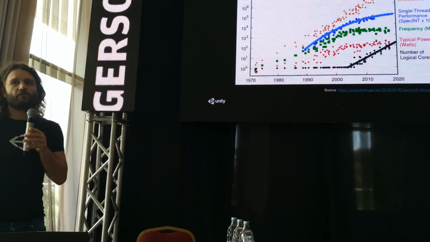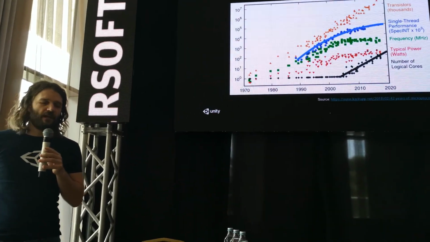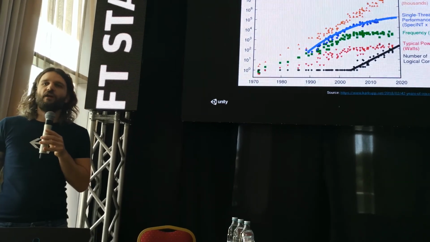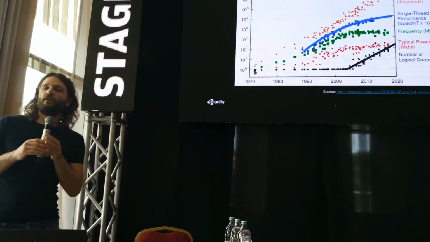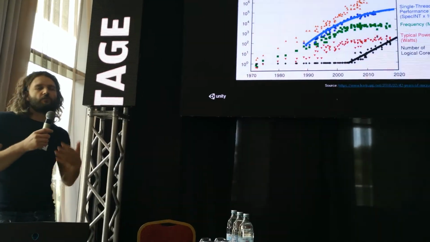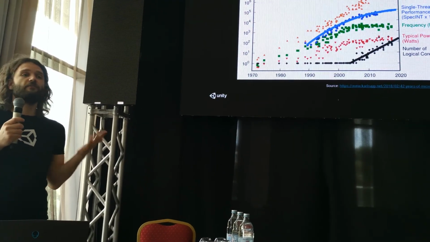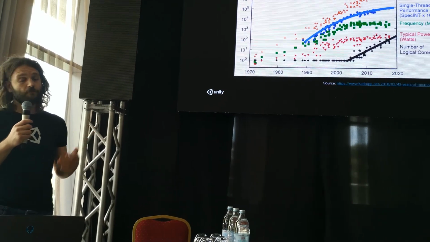So it's really not possible for us to say anymore that we write performant code if we're not actually taking advantage of all these cores. If we could get these 16x speedups by just writing multi-threaded code, and we're not doing that, we're in fact not writing performant code.